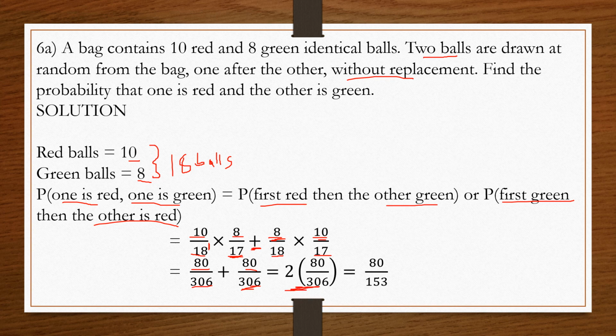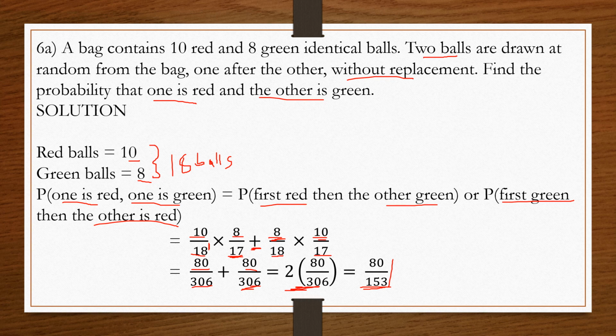So we cancel out and divide, and we have our answer to be 80 over 153. So the probability that one ball is red and the other is green is 80 over 153. So try it and drop your comments if you have any question for me.